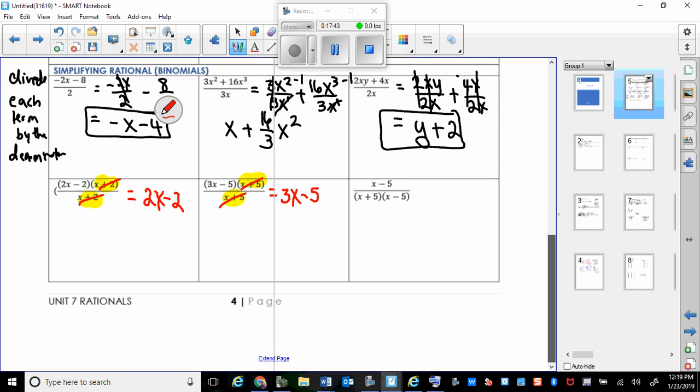I don't see it. I do look for x minus 5 on top, and I see that. So what I'm left with is a 1 on top, 1 over x plus 5 on the bottom. Okay? That's the simplified version. You can't move any farther than that.